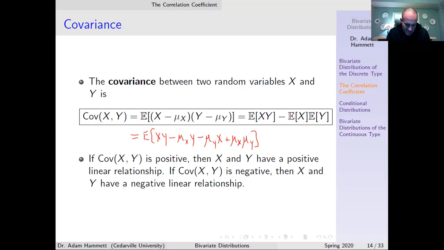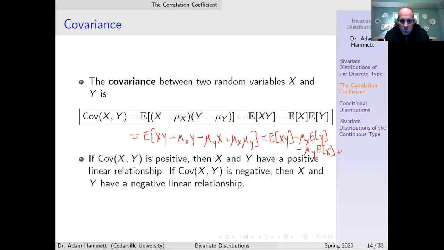If I were to use the linearity of expectation and the fact that mu x and mu y are constants after all, in the end, this ends up being the expected value of xy minus mu x times the expected value of y, minus mu y times the expected value of x, plus the expected value of mu x mu y. Well, that's a constant, so that's just going to be mu x mu y.